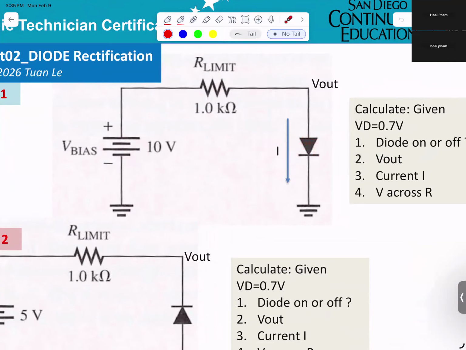Okay, what do we have? And 2 volt. If you don't have a diode here, what do we have? 10 volt. 10 volt. Okay, you get 10 volt.